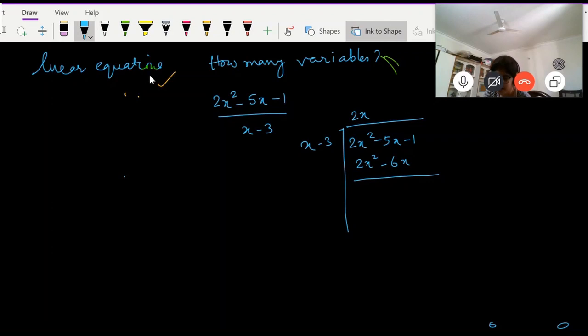There'll be minus x plus minus 1, no, plus x minus 1. Okay, wait. So the minus 6 will become plus, correct. So plus 6x minus 5x will be plus x.